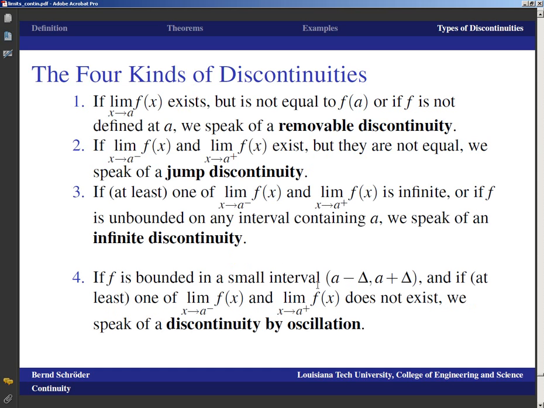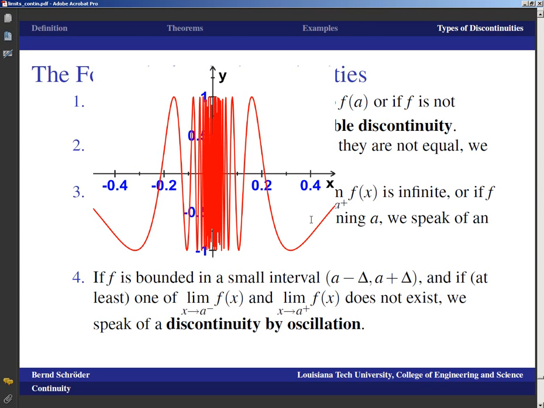Finally, if the function is bounded in a small interval around a, and if at least one of those limits does not exist, well, then the only way that the limit can't exist when the function is bounded is by the function oscillating like crazy, and that's what happens to a function like sine of 1 over x. That's the picture here.